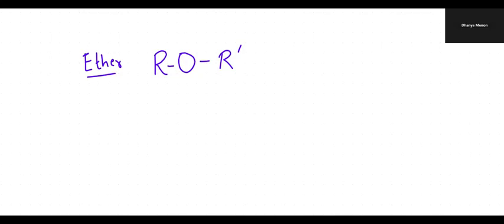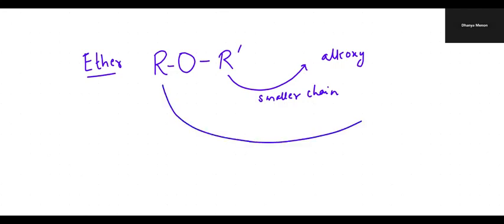For the smaller chain, we use the term alkoxy. Okay, so R dash, or if R is smaller chain, we use the term alkoxy. And for the longer chain, we use alkane.